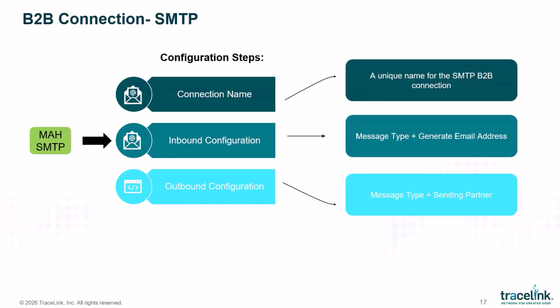Then, inbound configuration. We select the message type, for example, purchase order, and generate the email address. This generated address is where you'll send your messages. And lastly, outbound configuration. We again select the message type and define the sending partner. This determines what we receive and from whom.